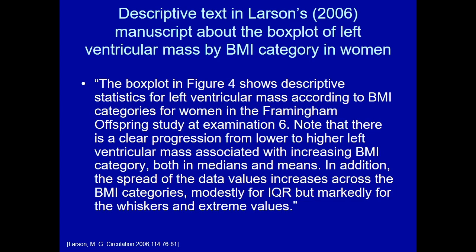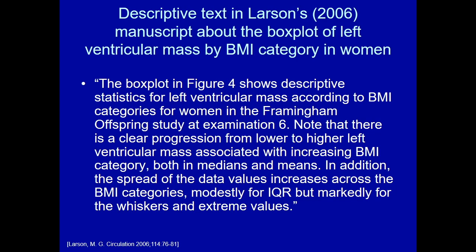Note that there is a clear progression from lower to higher left ventricular mass associated with increasing BMI category, both in median and means. In addition, the spread of the data values increases across the BMI categories, modestly for the interquartile range, but markedly for the whiskers and extreme values.